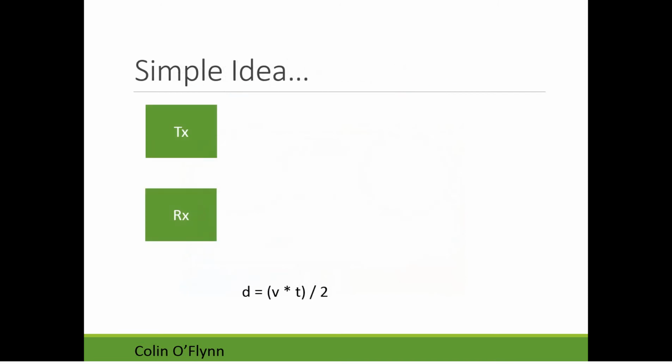For this device, it's a really simple idea. There's none of that detecting what the object is. It's just, is there an object there or not? So the idea is that, here's the object. You send out a pulse. It hits the object and then bounces back and is heard by the receiver.